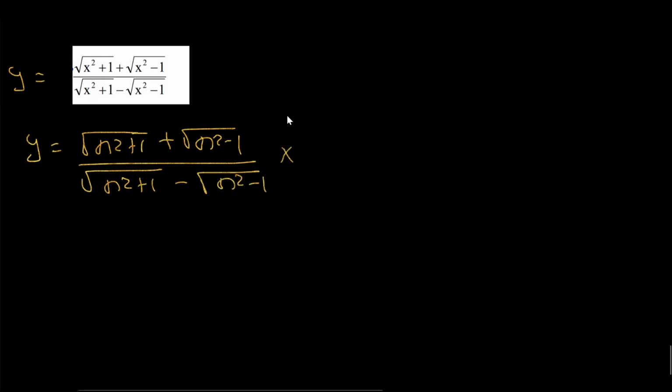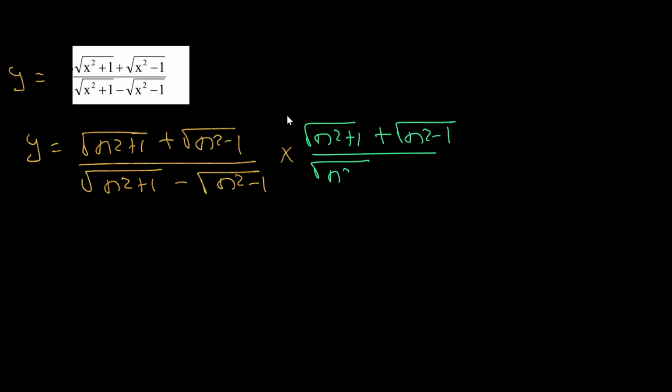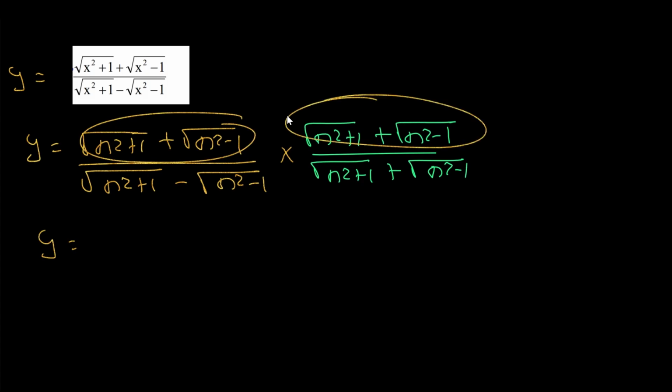For rationalizing, clearly we will be multiplying and dividing with the numerator, but changing the middle sign. So this is what we did by reversing the sign of this and multiplying and dividing. So check, if I multiply the numerator, this is a minus b and a plus b.